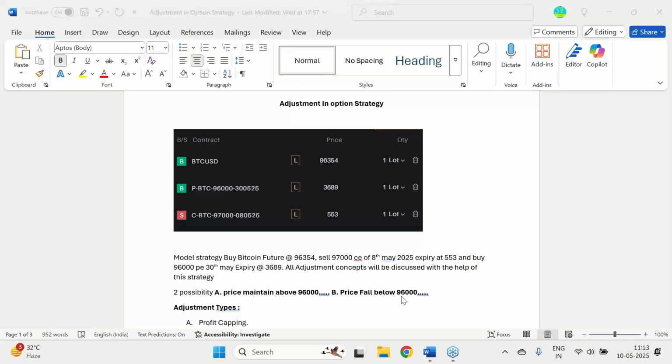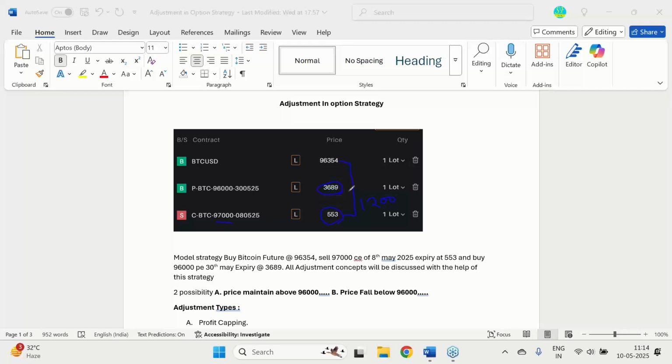Here, in the put option, I am spending $3,689, and through the call sale, I am recovering some $553. And from the spot, the 97,000 strike, I am having another 650. So 1,100 to 1,200 theta is there. If the price maintains or goes near 97,000, I will get 1,200 points of theta.